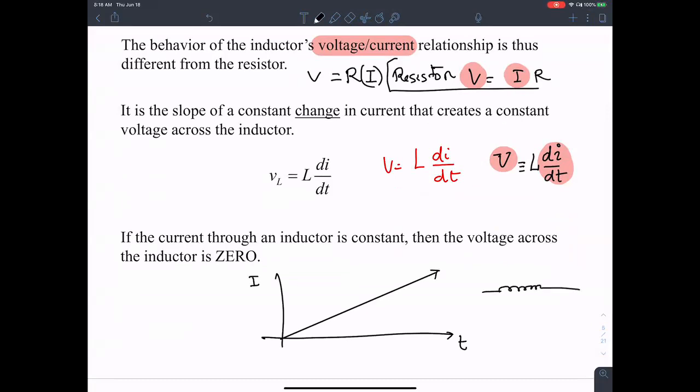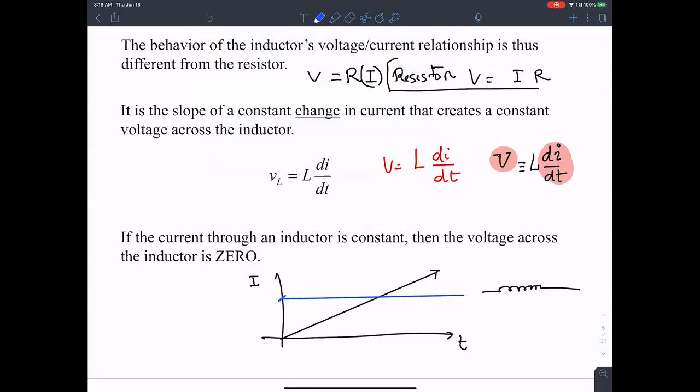Okay, according to this relationship, according to the L di by dt relationship, what do you expect the voltage to be? Should it be constant, somewhere around here?